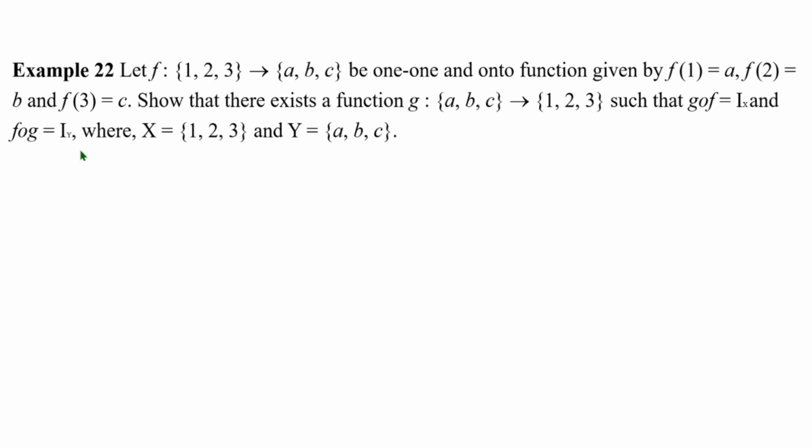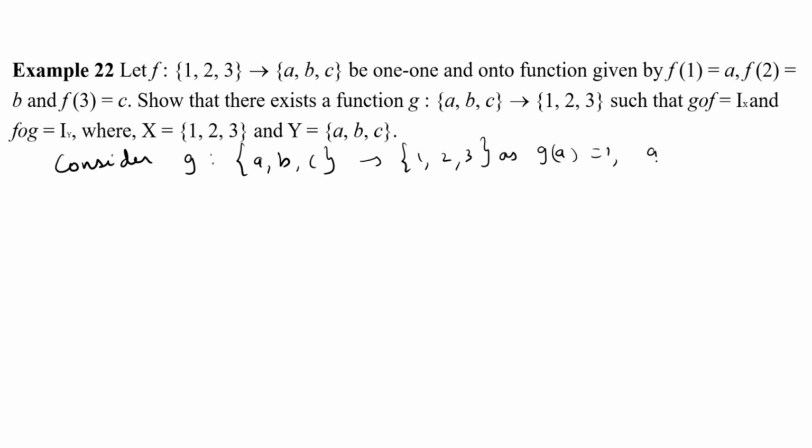So now let us consider g from a, b, c to the set 1, 2, 3 as g of a equal to 1, g of b equal to 2 and g of c equal to 3.